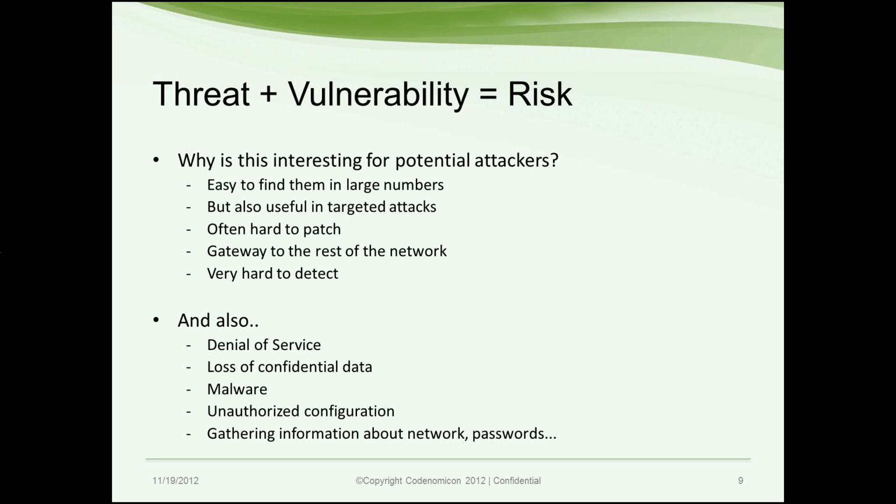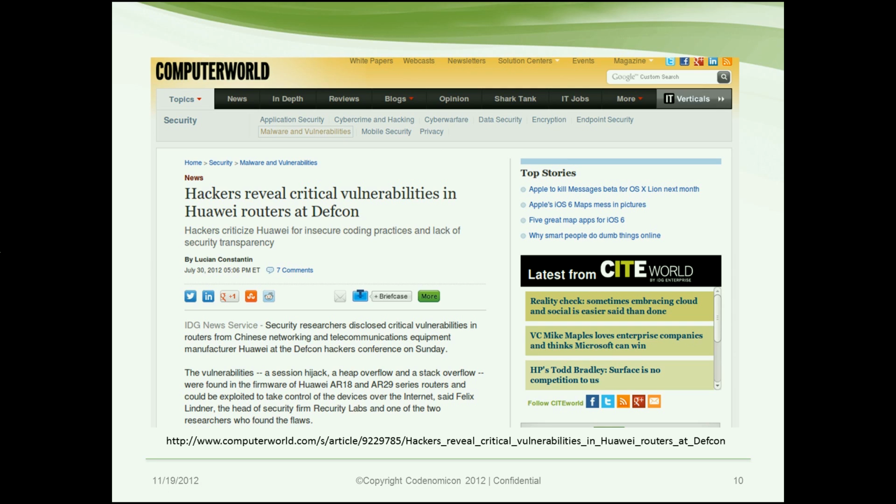This year at DEF CON, hackers published a long list of vulnerabilities found in Huawei routers. These routers are not the big heavy network routers as you would expect in ISP networks, but rather small routers which you can find in offices and just normal consumer usage. These vulnerabilities were heap and stack overflows, and according to the researchers who did the research into these vulnerabilities, they were very exploitable and it was easy to write exploits to take full control of these routers.